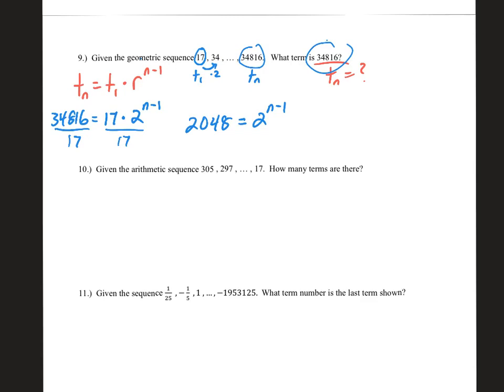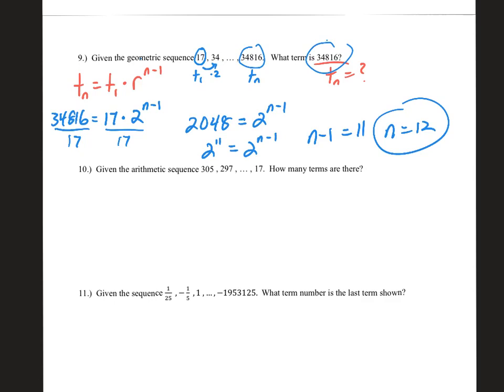And when you get it to here, you could either use logs, or if you are up to date on your powers, 2048 is 2 to the 11th. And so then n minus 1 would equal 11. So n would equal 12. So it would be the 12th term, right?